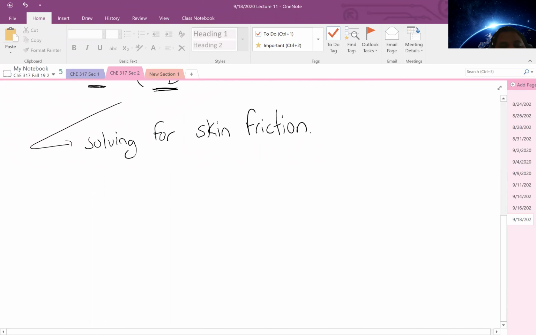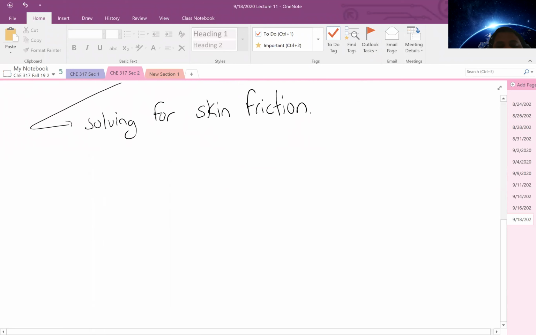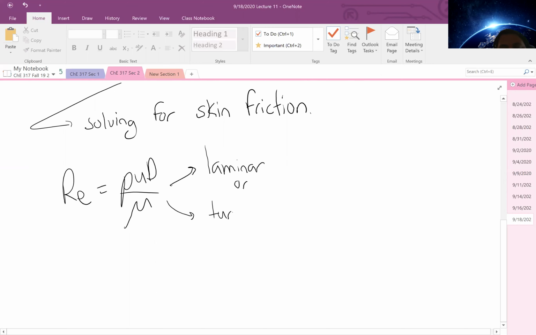The most straightforward way to identify skin friction is we would like to determine our Reynolds number using our rho u d over mu equation. And based on this, we have to ask ourselves, is it laminar or turbulent?